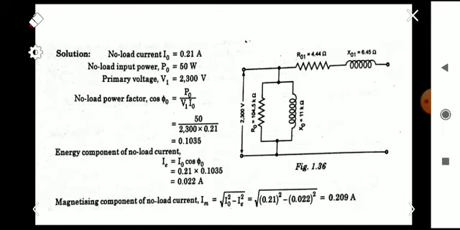Either of these two methods we can use. I0 is 0.21 and IE is 0.022, so we can find the magnetizing current Im.